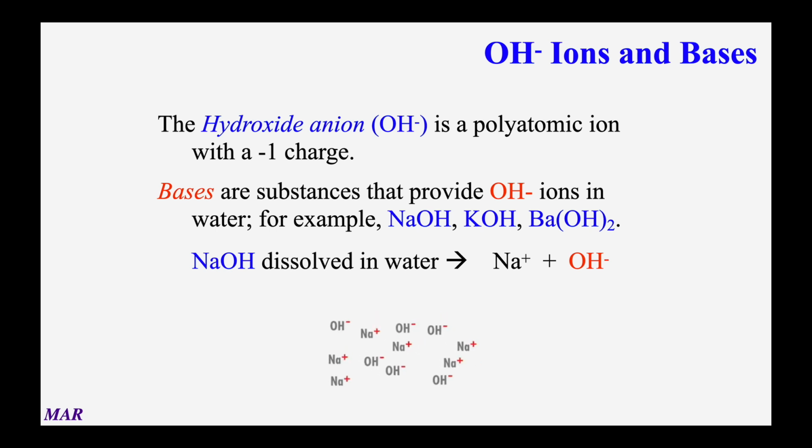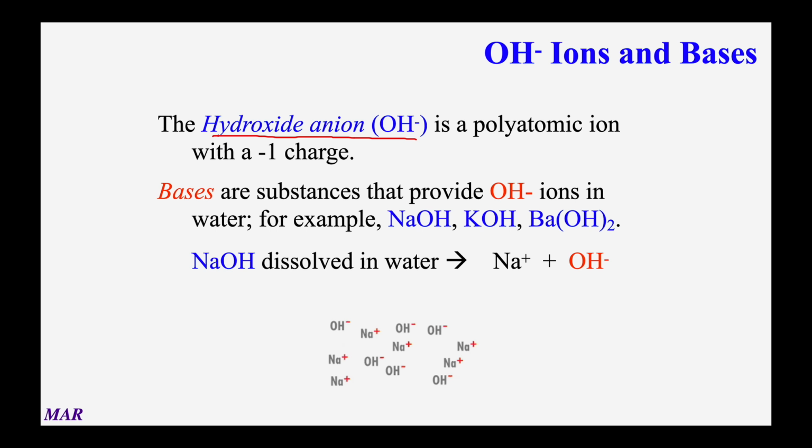Acids are important in chemistry, but bases are important too. Acids and bases kind of can help each other out sometimes, and we'll talk about this more in the 200 level. A base is just a species that has what's called a hydroxide anion, and hydroxide is one of the polyatomic ions.